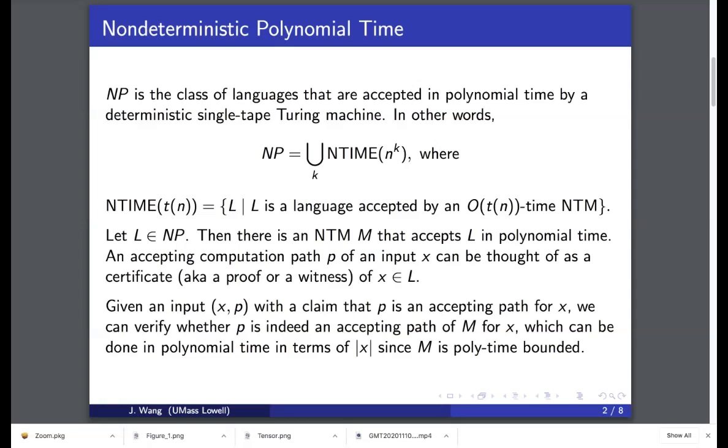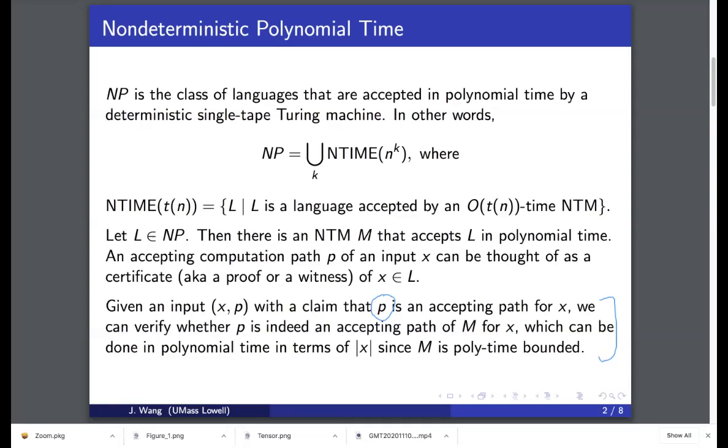What I'm trying to say is that if you are given a p, think of p as a solution to verify x is accepted, then verifying that p is indeed an accept path is easy. However, we just don't know how to find this p without doing a brute force search over all possible paths.